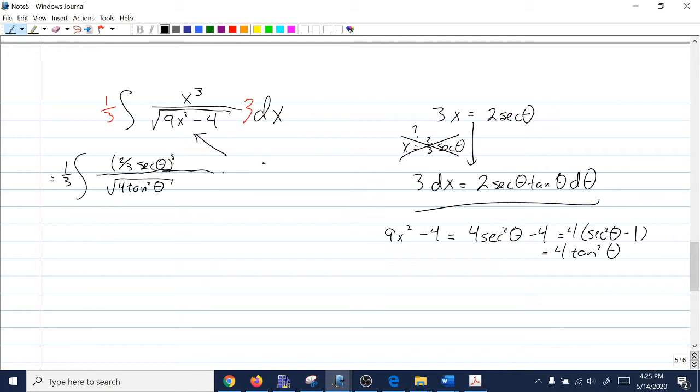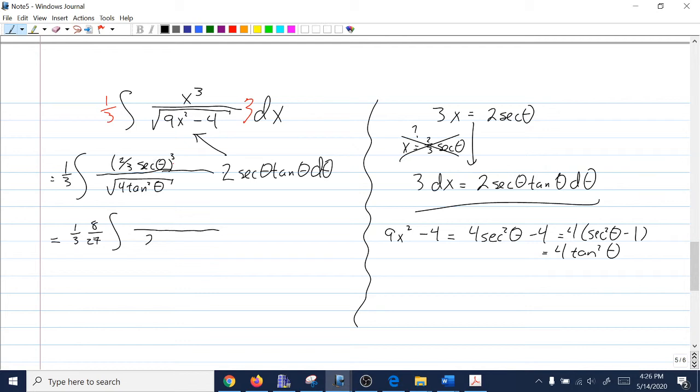That 3 dx becomes 2 secant theta tangent theta d theta. What do I get? 2/3 cubed is 8 over 27. I'll pull that out. I'll smush it together with the extra 1/3 soon. I got secant cubed. I got 2 tangent theta on bottom, technically absolute value tangent, the absolute value won't matter.